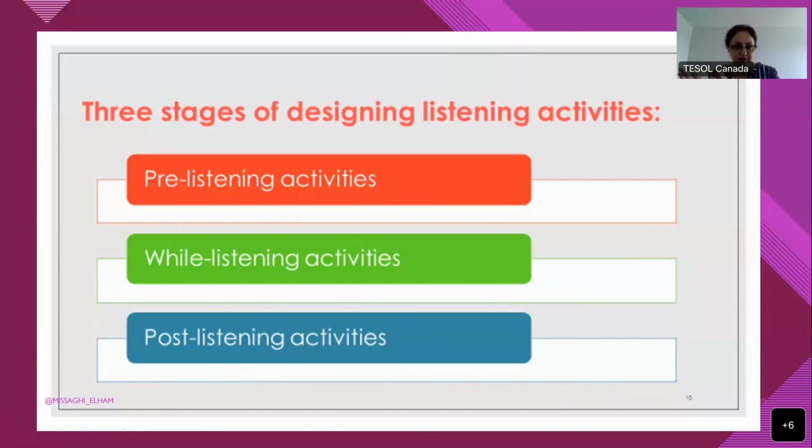This happens both bottom-up and top-down for intensive listening. But for extensive listening, like watching movies, listening to music, long lectures, you only work on top-down. You only ask some comprehension questions, because they listen to enjoy, based on their interests.